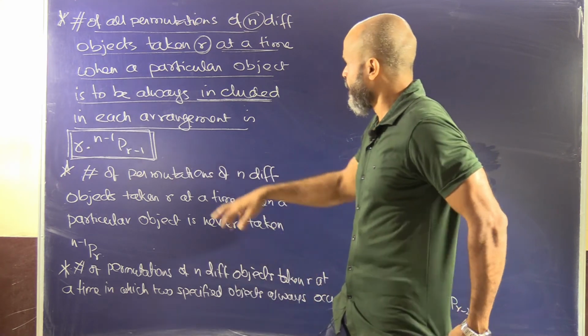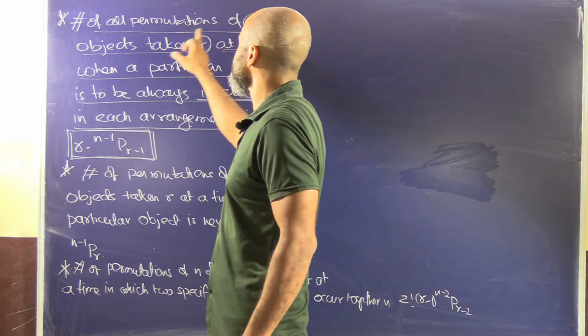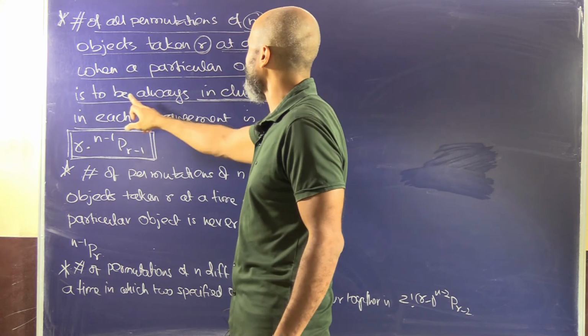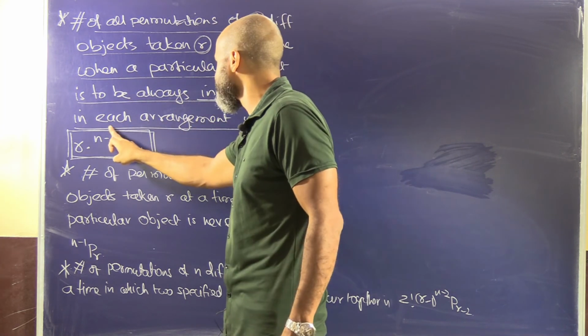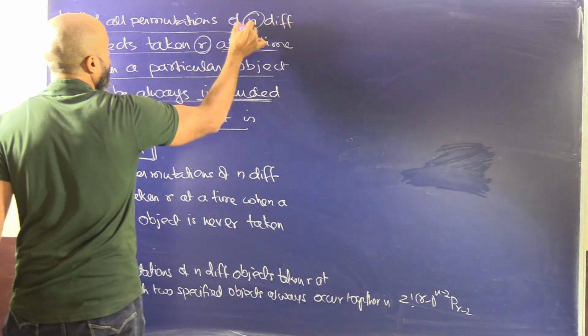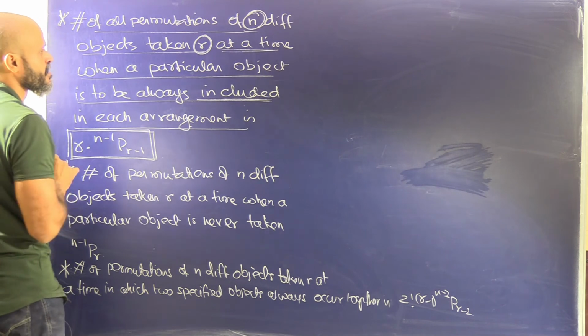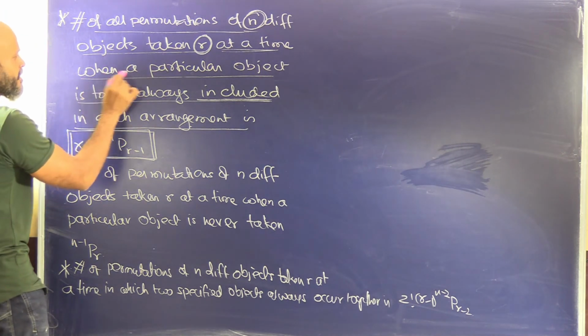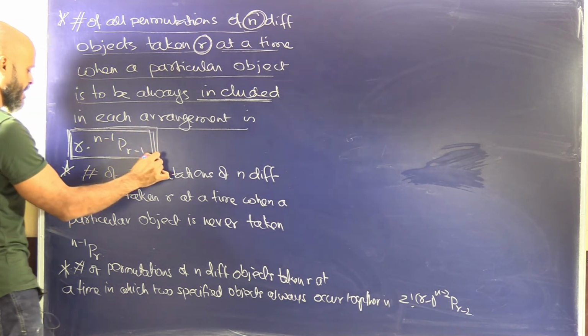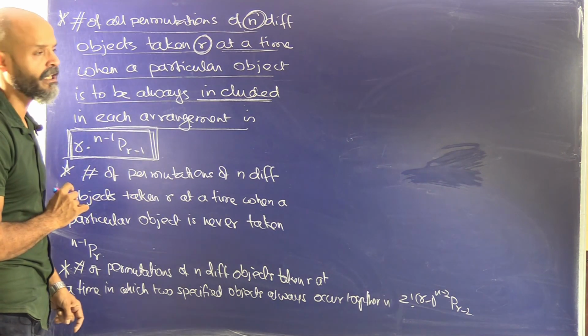Okay, so we have here the number of permutations of n objects taken r at a time when a particular object is to be always included in each arrangement. The number of permutations of n different objects taken r at a time when a particular object is always included is r times (n minus 1)P(r minus 1).